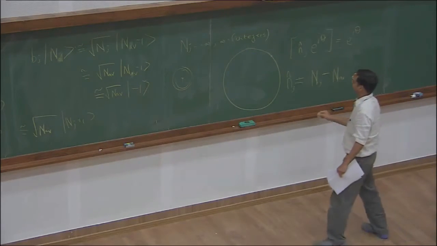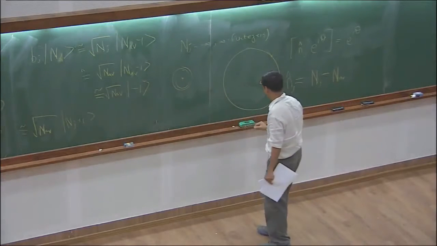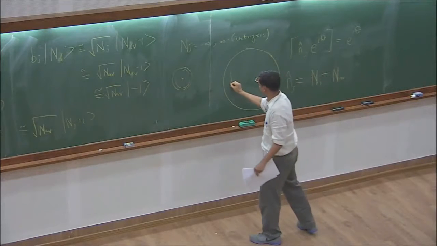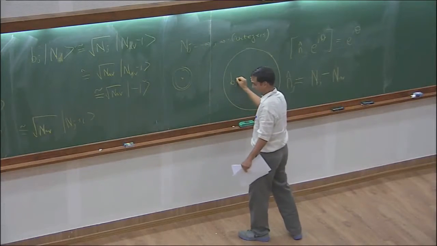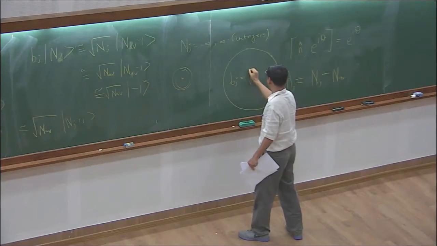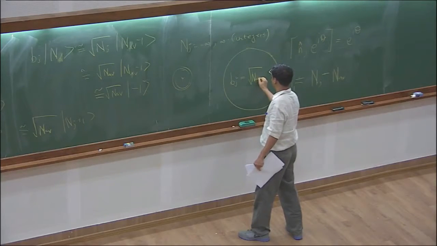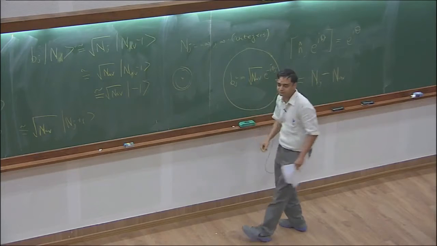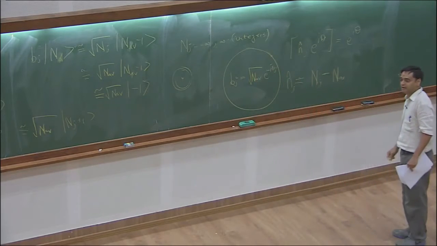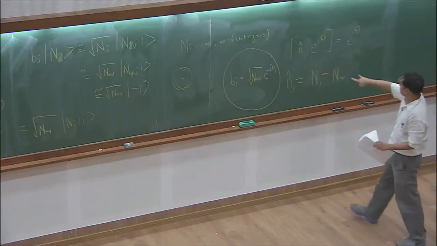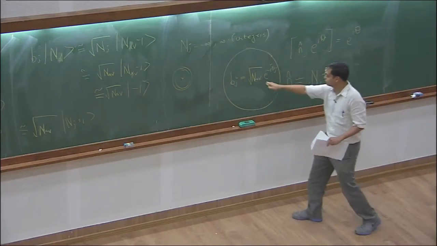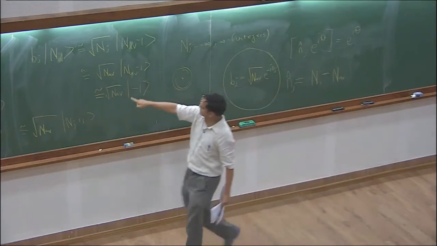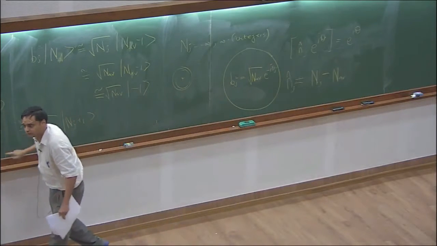And now I can make the identification b j is square root NAV e to the minus i theta j, right? It's clear, given this commutation relation, that these two identifications exactly reproduce this approximate algebra I've written down.